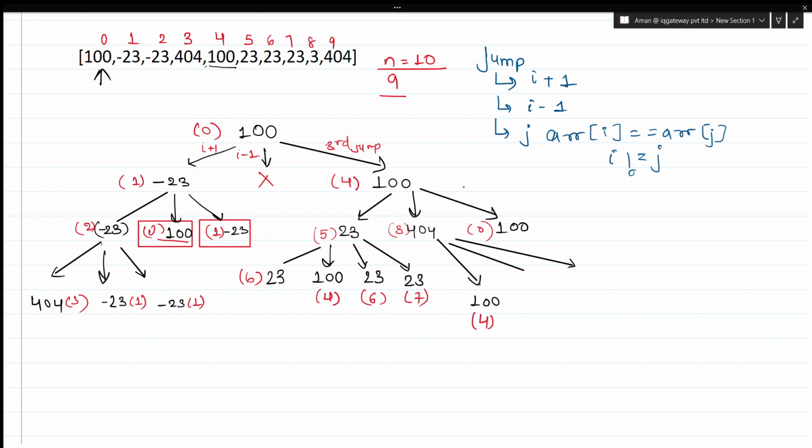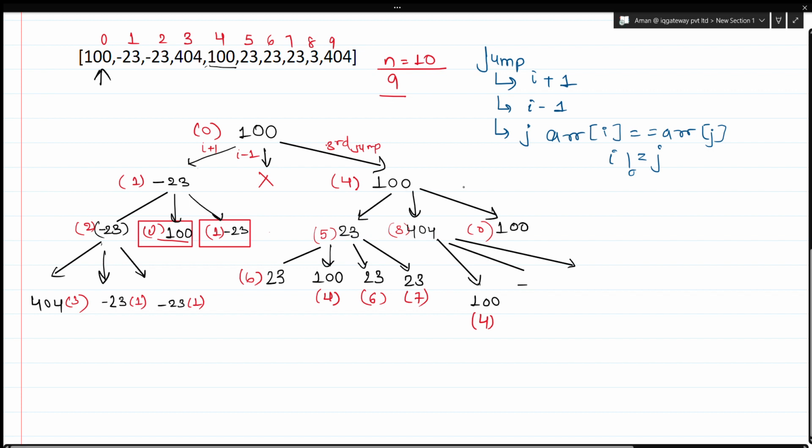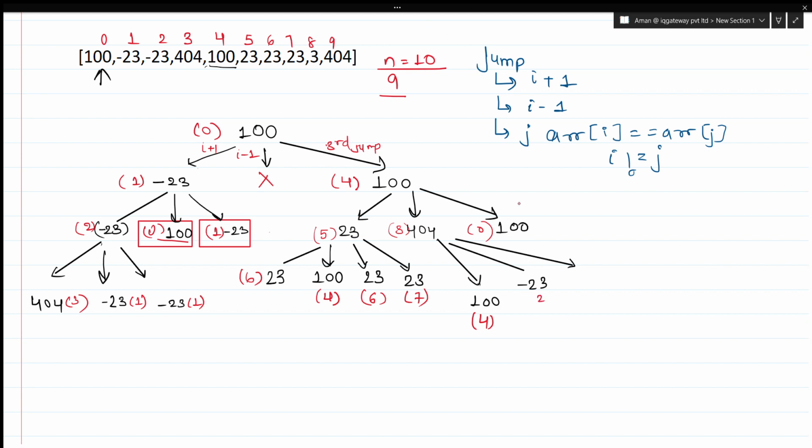I minus 1 will be minus 23, which is at index 2. And the other 404, which is present at index 9.